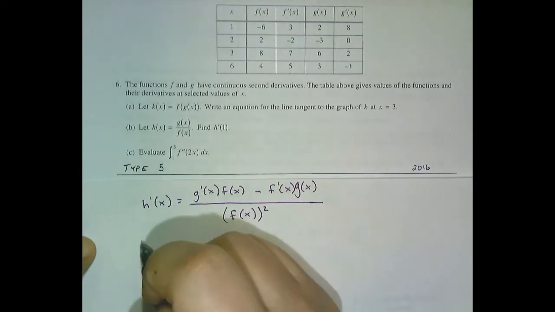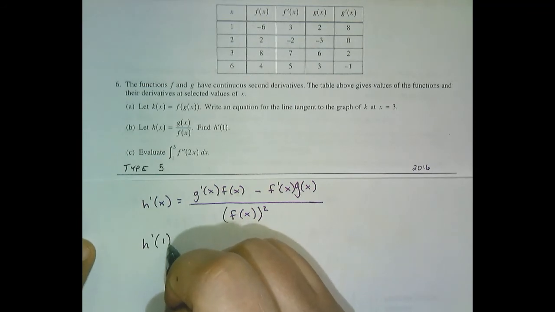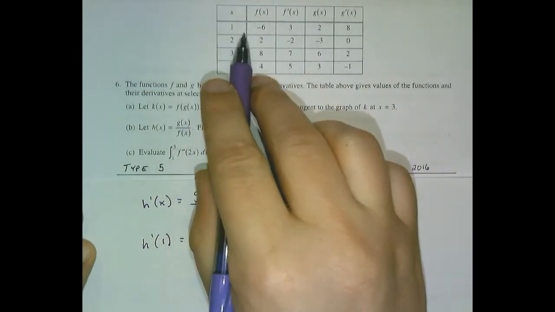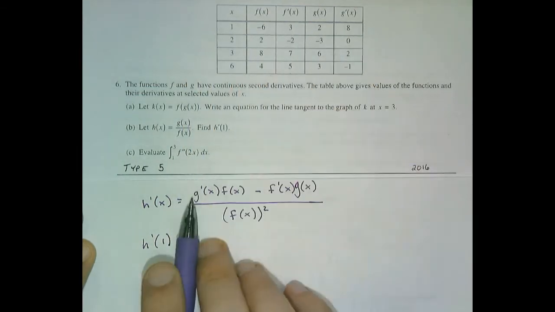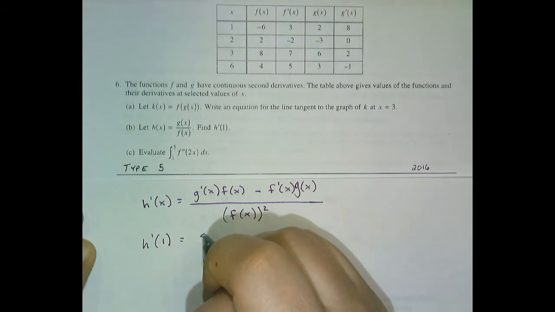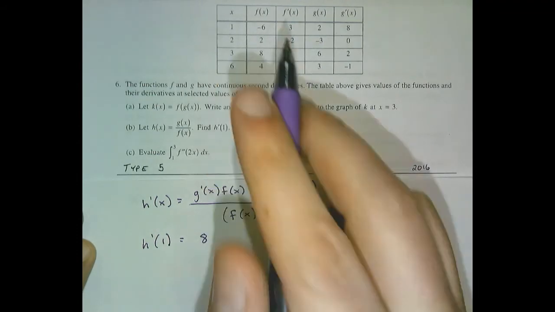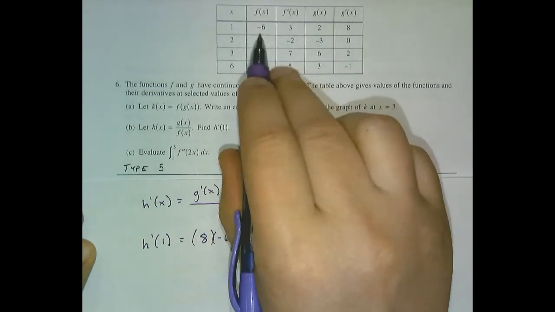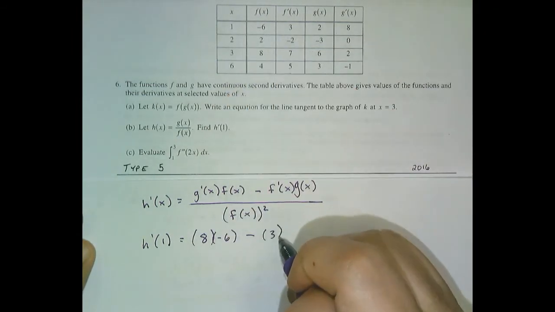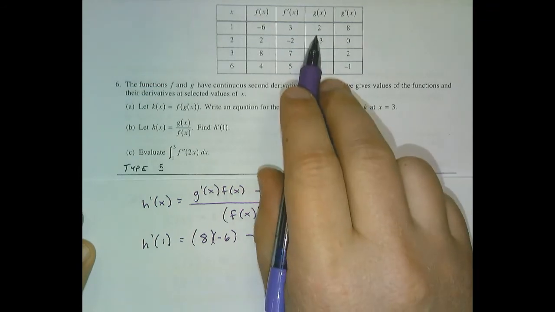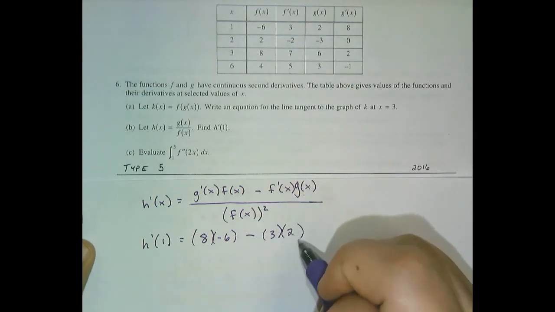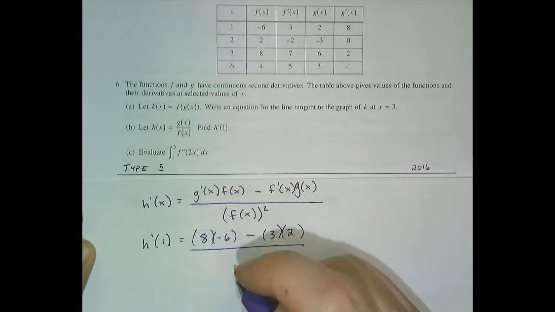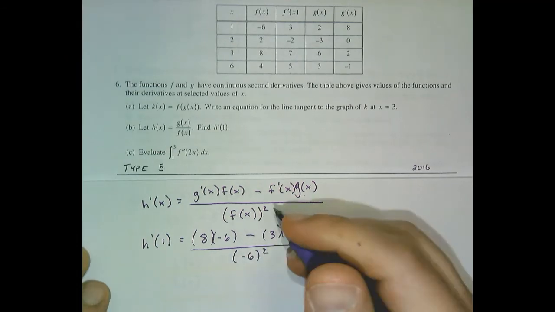Okay, so we want to evaluate this at 1, so we're going to consult our table. Again, the table for all of these things is going to be along the top, so g prime of 1 is 8, f of 1 is -6, f prime of 1 is 3, and g of 1 is 2, all over f of 1, negative 6 squared.